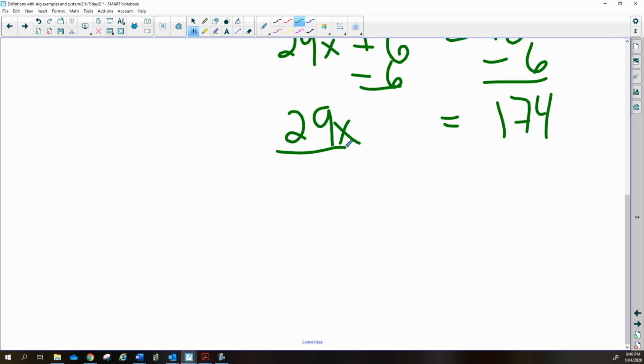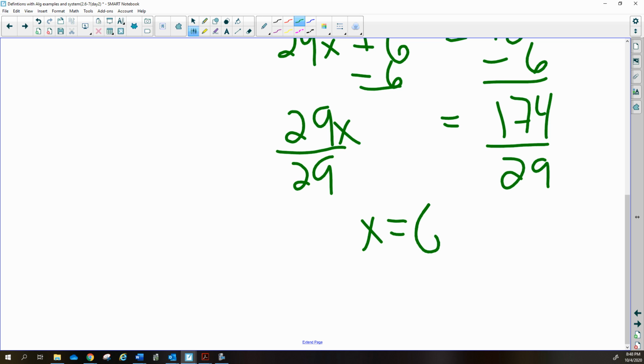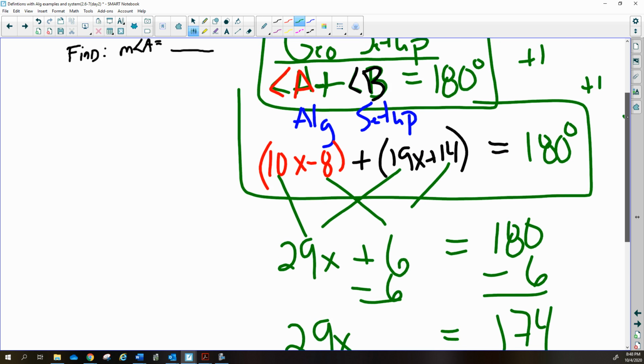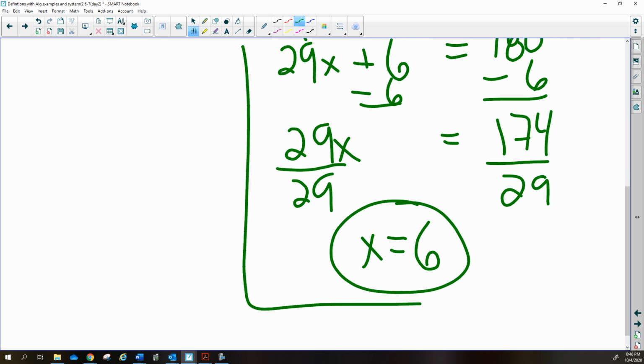If I divide by 29, I get x equals, and you can double check me on this one, but I'm doing this in my head, I think I'm going to come up with 6. You can tell me tomorrow if I came up with that wrong. All right, so I have 2 points right there for solving it.